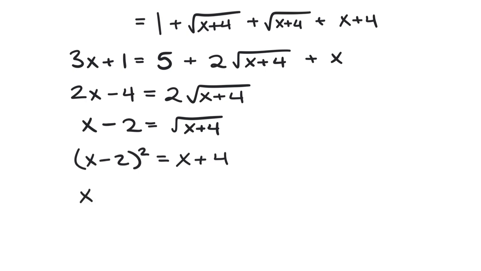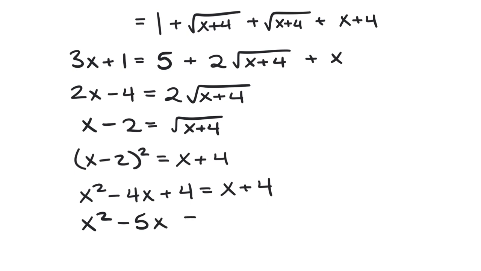This is x squared minus 4x plus 4 equal to x plus 4. Now that the radicals are done, now that we've FOILed, we set it equal to 0. Keep the x squareds positive, so I'm going to go towards the left side this time. So it's x squared minus 5x equal to 0. The 4's cancel each other out.